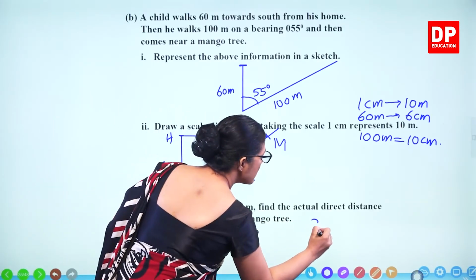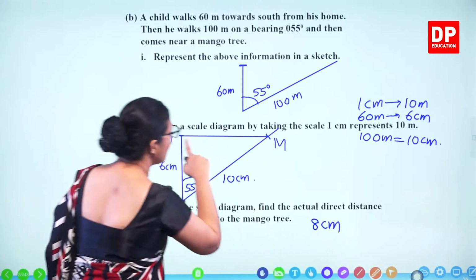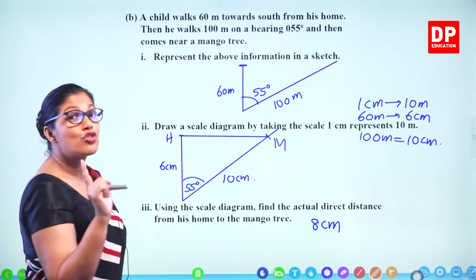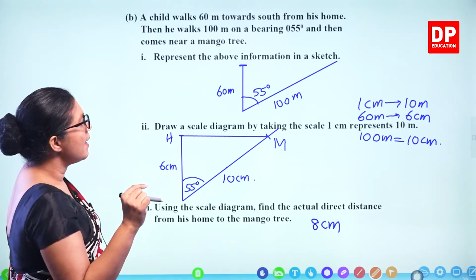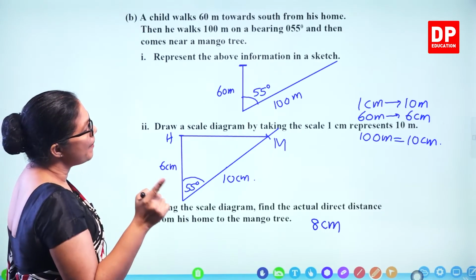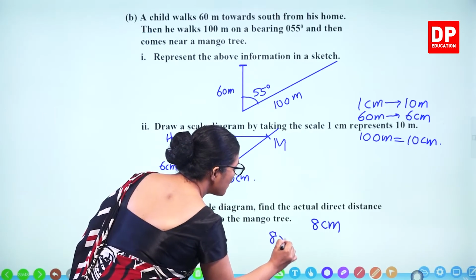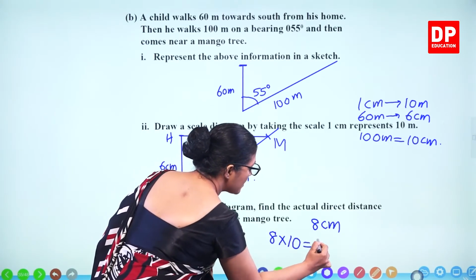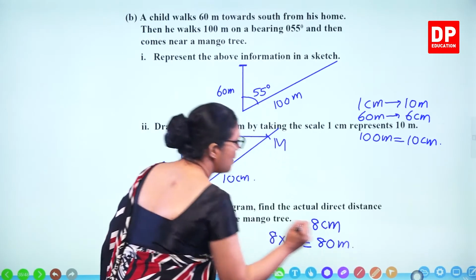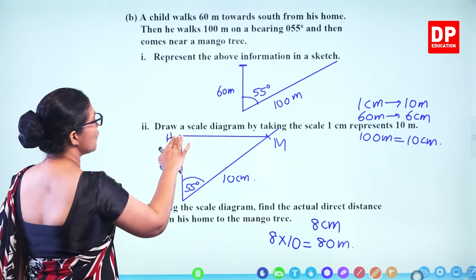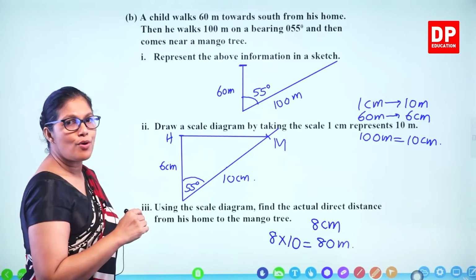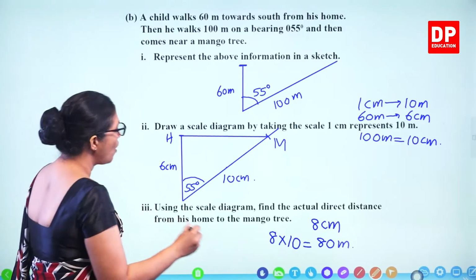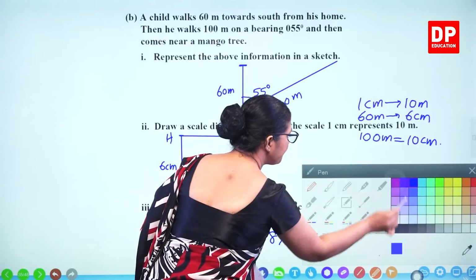So I'll take 8 centimeters as the length of this one, but we need the actual length, not the scale length. So we have to multiply by 10. 8 times 10, that's 80 meters is the distance from home to mango tree. So how many marks for B part?